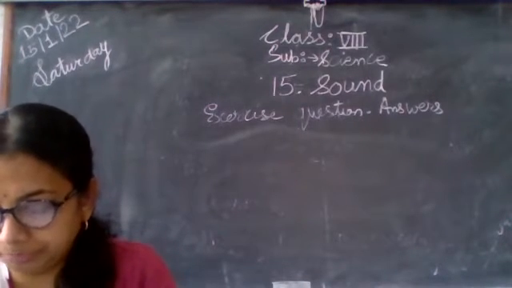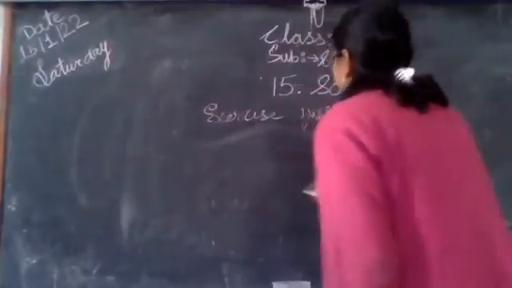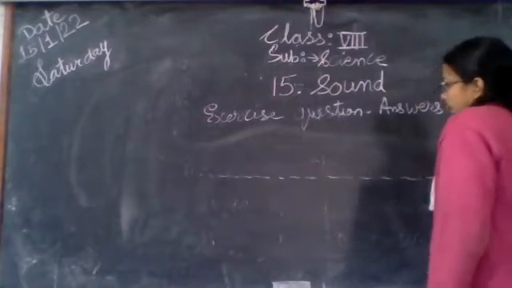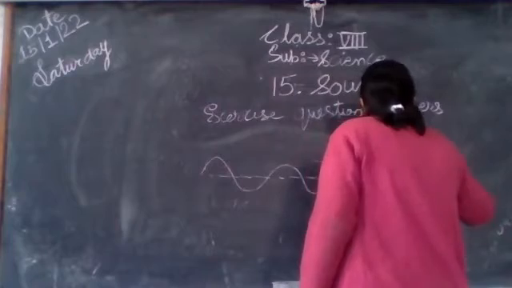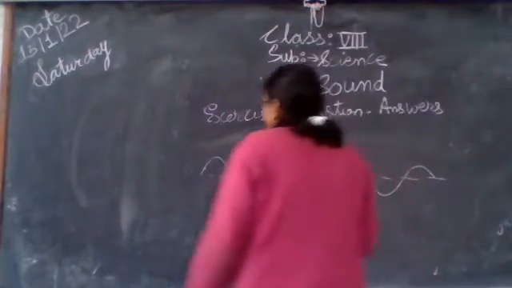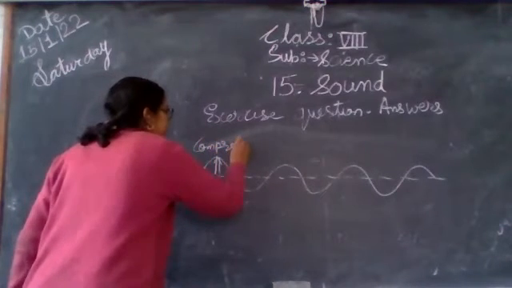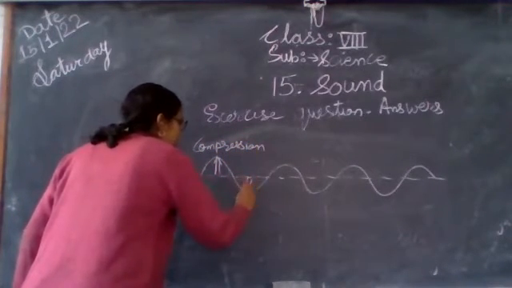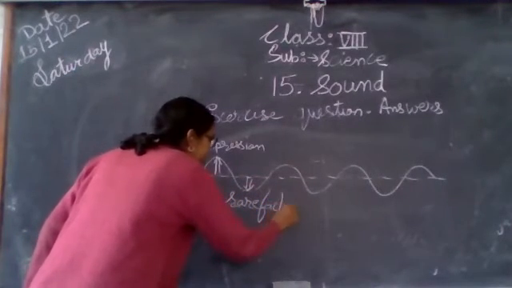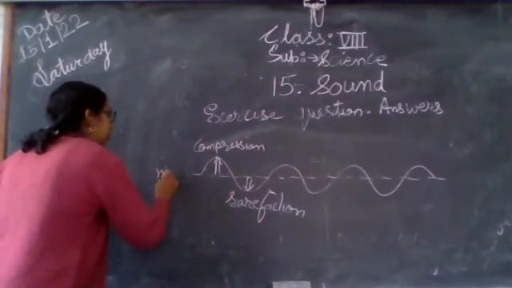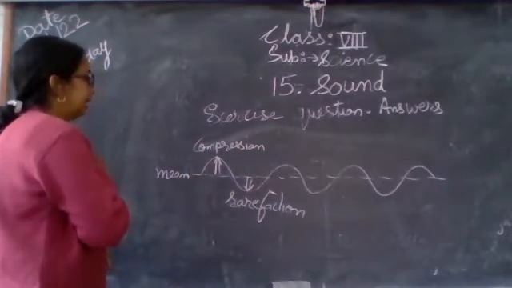When we have drawn the mean position and sound waves along with its frequency, we have seen that this was the compression, and this was the rarefaction. This was the mean above which and below which the sound waves are working.